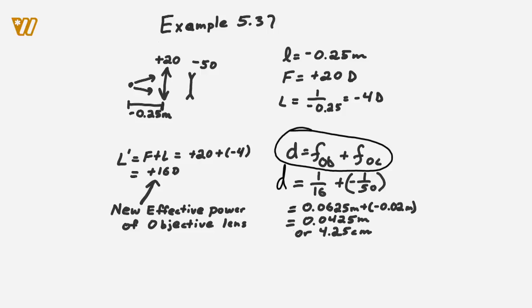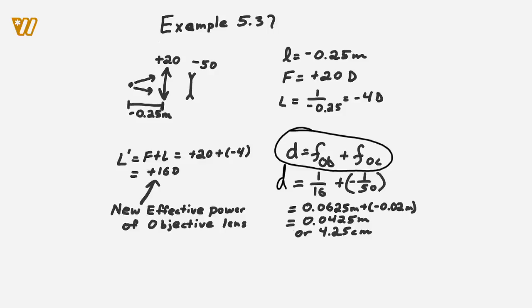That'll give us our values here, and we end up getting 4.25 centimeters as the tube length that we need to modify our Galilean telescope. So now we can actually have parallel light leaving the telescope whenever we have an object located 25 centimeters in front of the telescope.